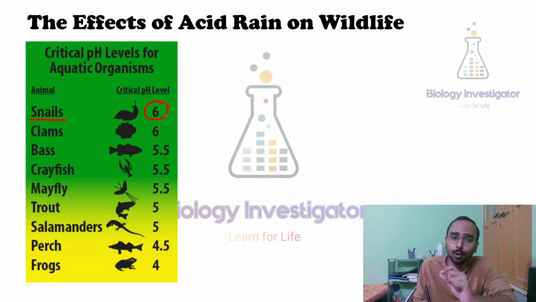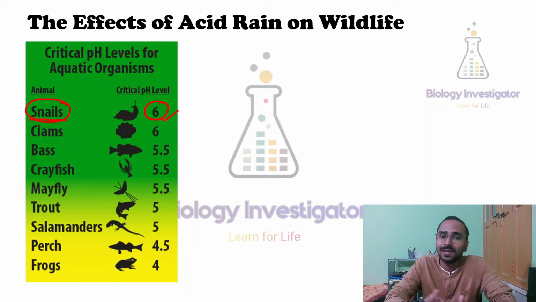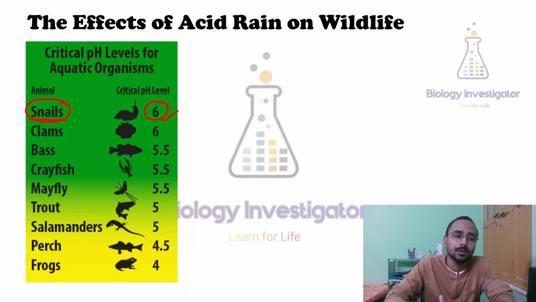Below 6 pH, that means 5.9, 5.8, 5.7, snails cannot survive. All the snails will be extinct, all the snails will vanish, they will die below pH level 6.